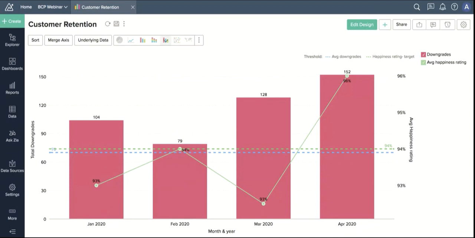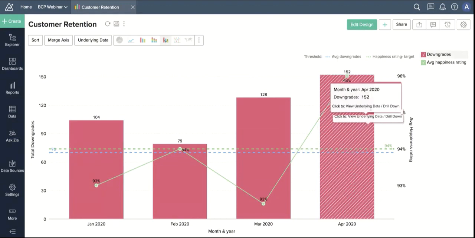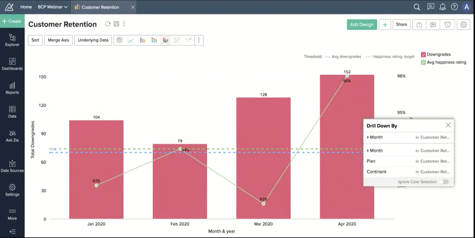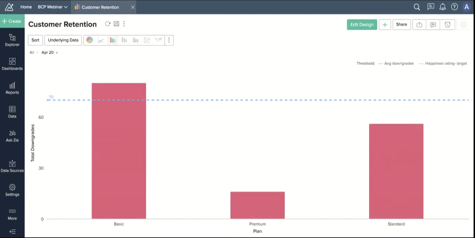So that's where you try and drill down into your downgrades for the month of April and see how the downgrades have been for the plans that you offer. Now, I've taken the example of a SaaS business, and the business offers three plans. That's the basic, premium, and standard.